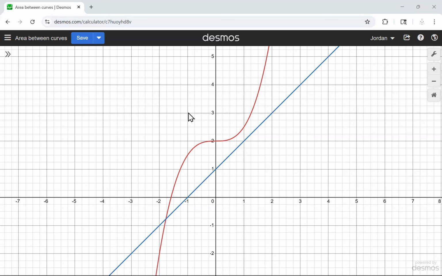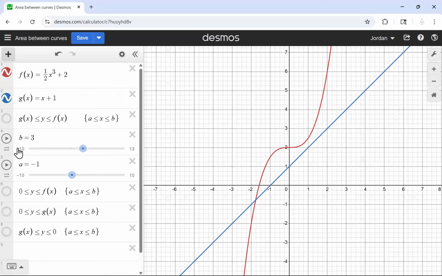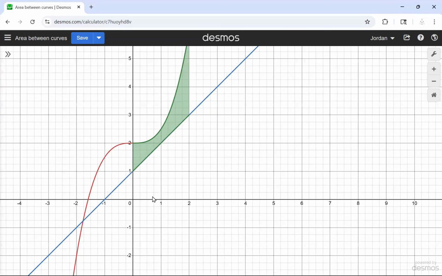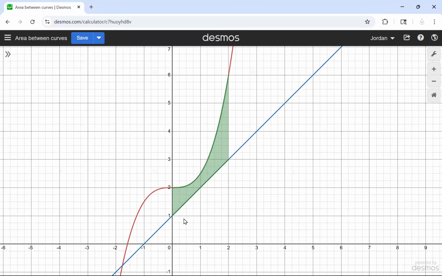So that's what we're looking at. We're looking at the area of that section between an x value of 0 and an x value of 2.